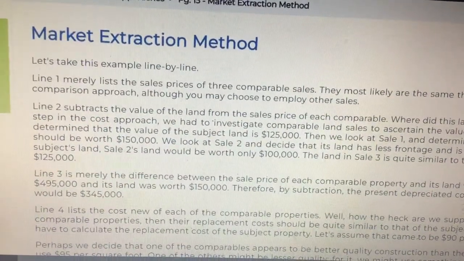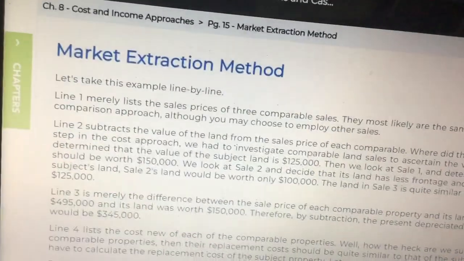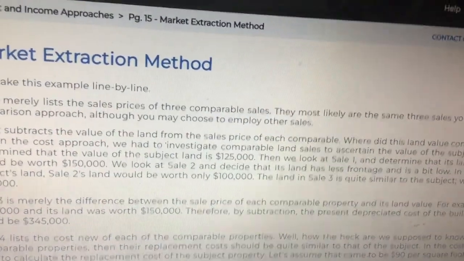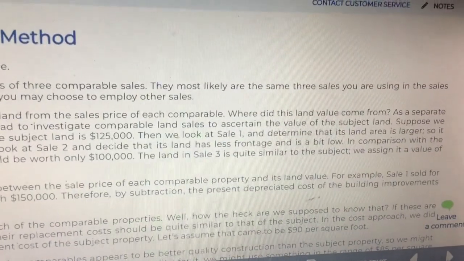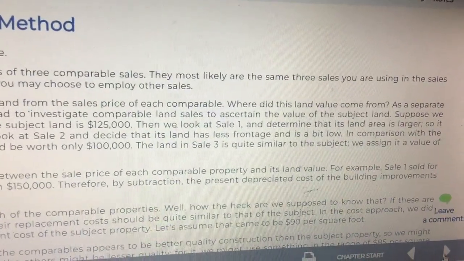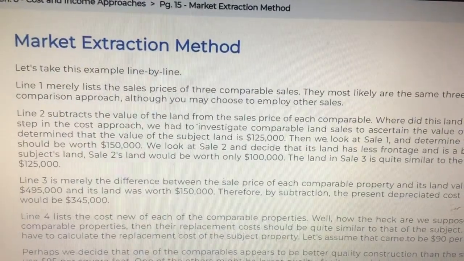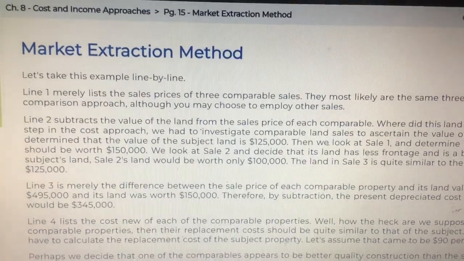Line 1 merely lists the sale prices of 3 comparable sales. They most likely are the same 3 sales you are using in the sales comparison approach, although you may choose to employ other sales.